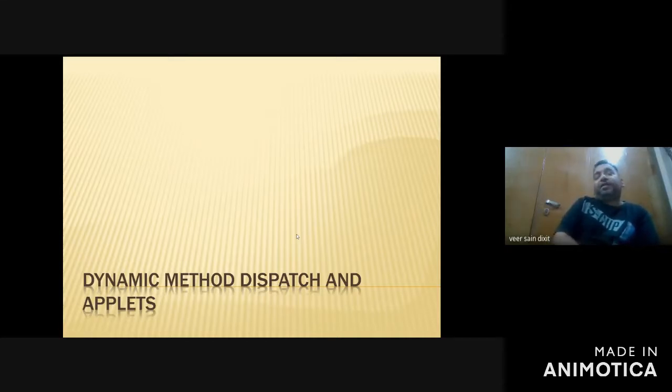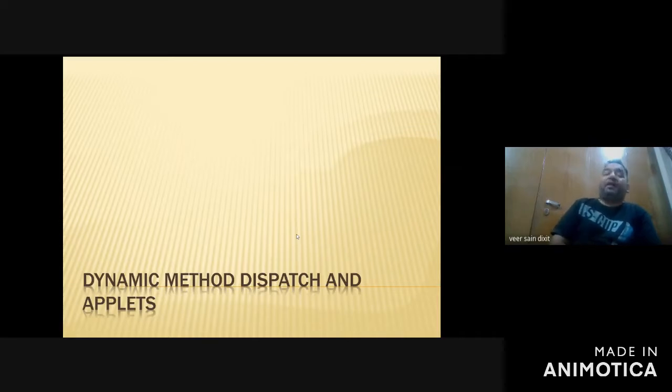Suppose there are three classes. There is a superclass A. You are inheriting the properties and attributes of the superclass into subclass B, and then again from B, you are inheriting into the subclass C. In that scenario, which method will be executed if the methods have the same name and same signature? That will be done through dynamic method dispatch.